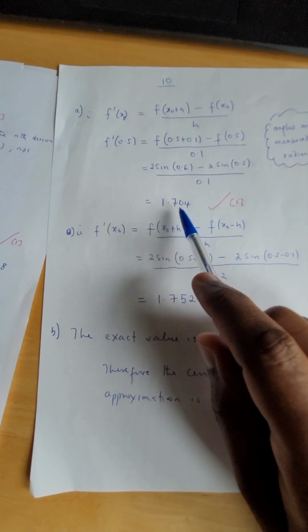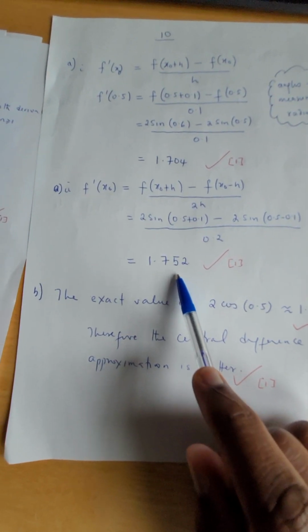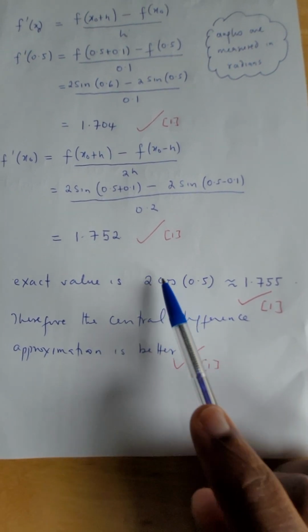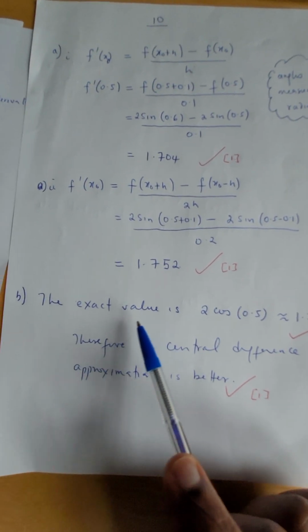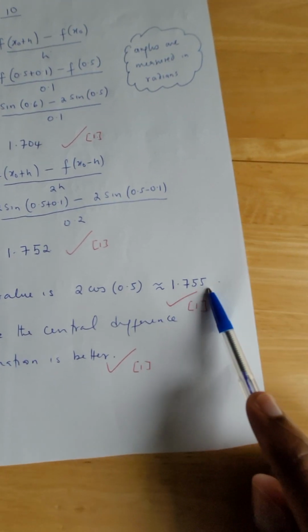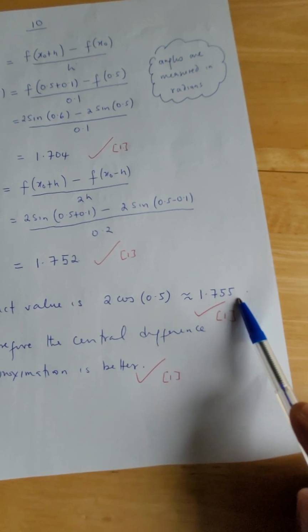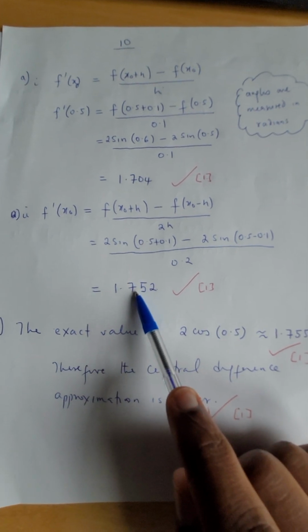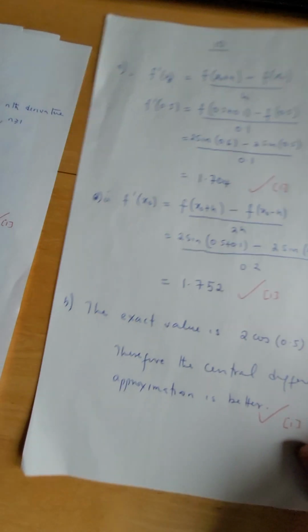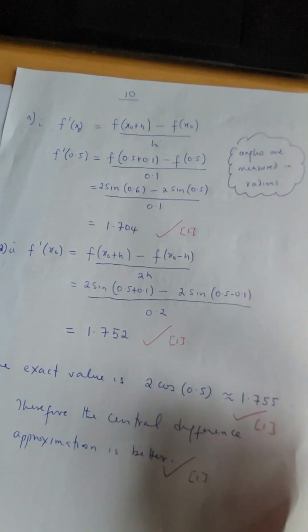If you do this correctly, you should have 1.704, 1.752, and then you do the exact solution. You're looking for the derivative. So if you differentiate the function, you have cos, and if you compute it, 1.755, and the closest one is this one here. So that means the central difference is a better approximation. Okay, I think that's it. So good luck.